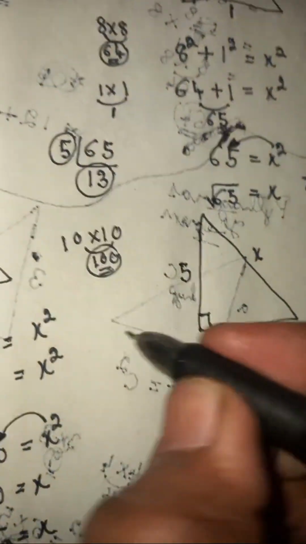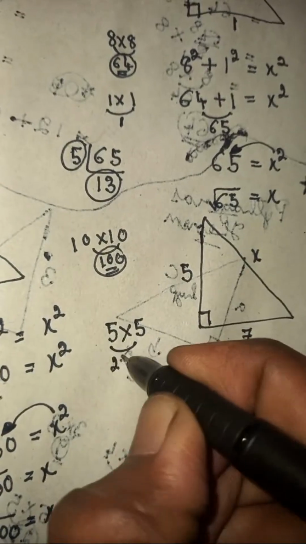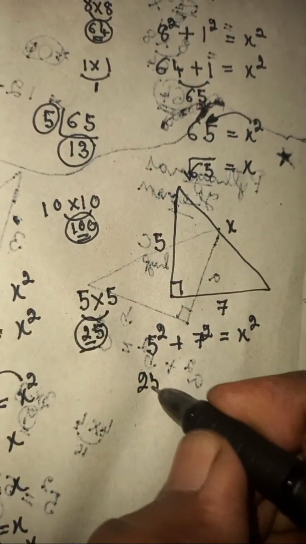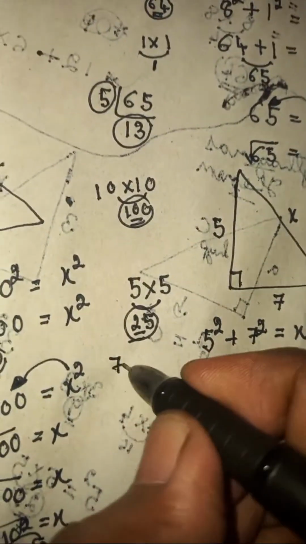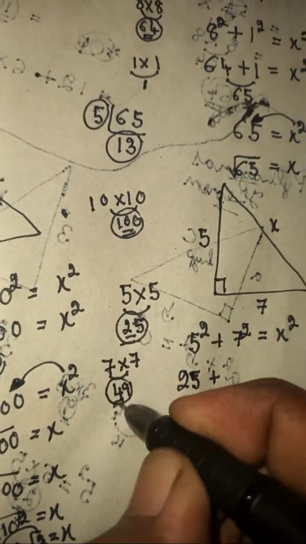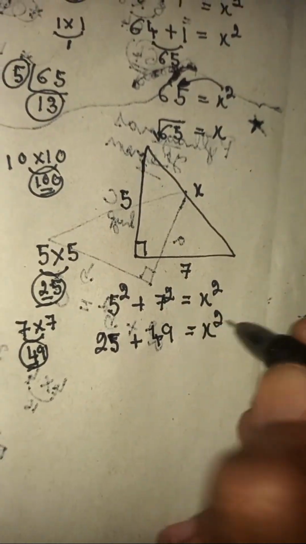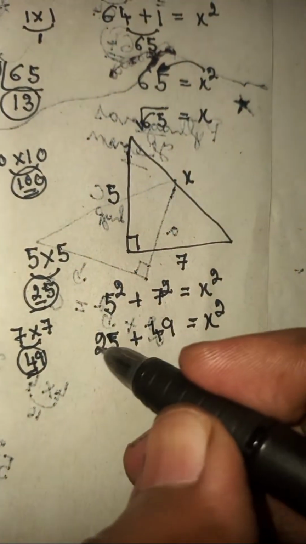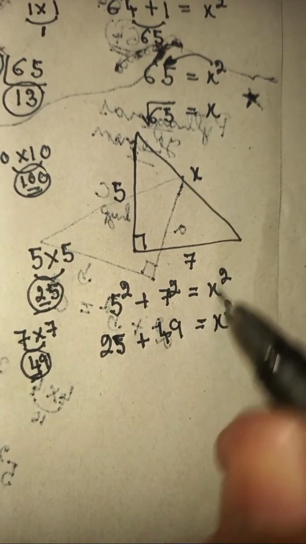5 square means 5 times 5, which is equal to 25. Plus 7 square means 7 times 7, which is equal to 49. So this is 49, which is equal to x square. 49 plus 25: 49 plus 20 is 69, then 5 more, which is 74.